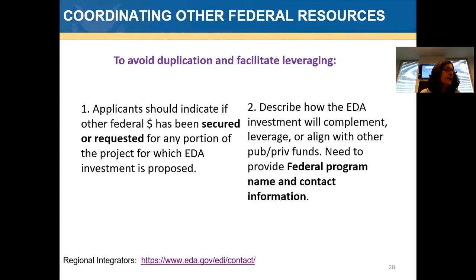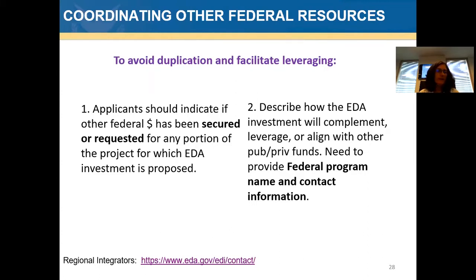So for example, if an applicant is considering a particular building, but there is another agency that might supply some infrastructure to support that building, we would like to know the federal program name and contact information. That helps us to be as efficient as we can from the federal perspective to make sure that taxpayer money is being used well and that we're leveraging each other's money.